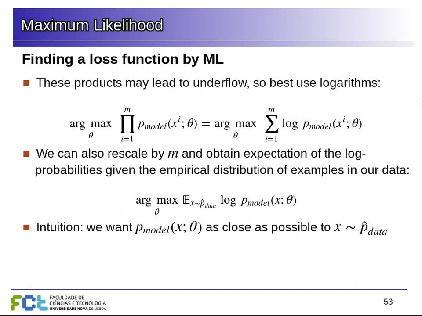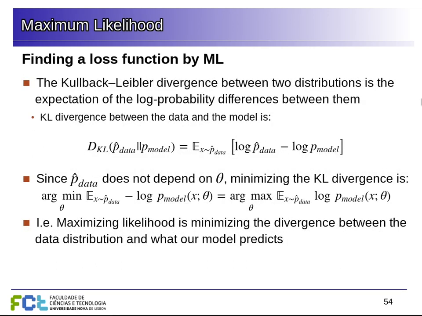Because if the model is telling us a higher probability for points that appear more often and a lower one for those that appear less often, this will be maximized. If it does the reverse, if it assigns a lower probability to points that appear often and a high probability to those that are very rare, this will be a lower value here.